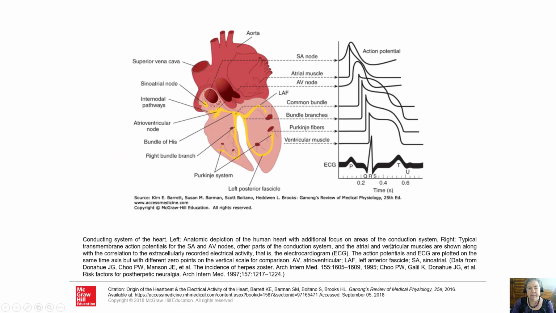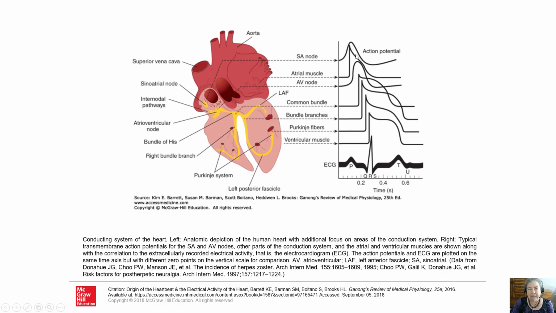This is an illustration of how those action potentials contribute to the EKG. So the sinoatrial node creates the pacemaker action potential, which then triggers the atrial muscle cells to contract.